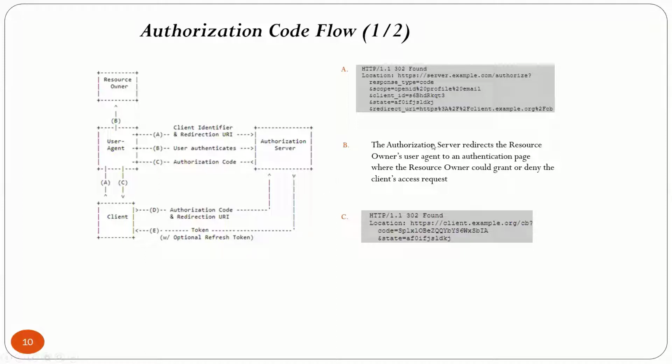We got a response. There are even some validation mechanisms in step A, sorry, mainly step B, that I'm not going to tell you now because they require quite a lot of explanation. But in this step C, you can see that there is a response to the URI that we sent before on the authorization request, and an authorization code is sent back to this redirect endpoint.